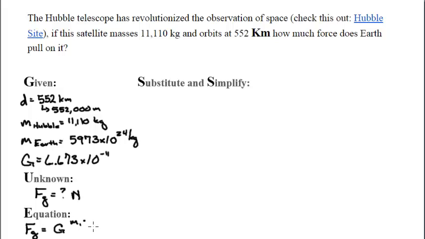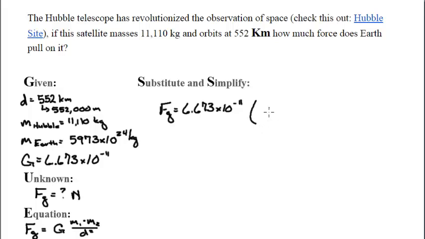Force equals G times mass 1 times mass 2 over distance squared. So the force due to gravity, I'm going to replace G with this number, 6.673 times 10 to the negative 11, times the quantity.